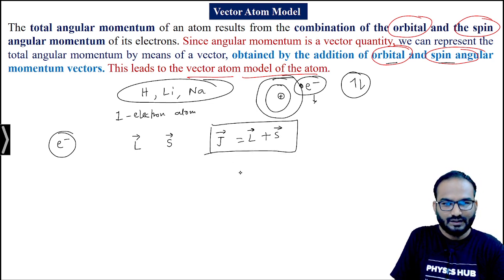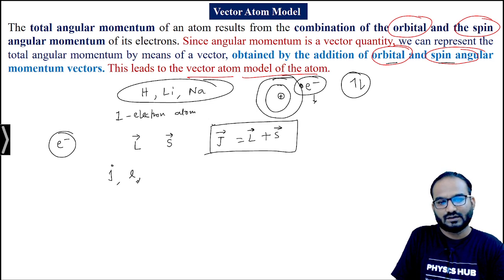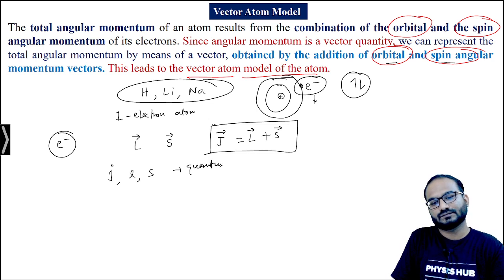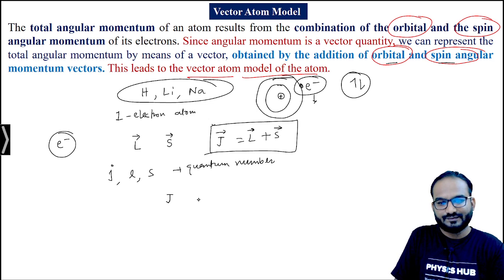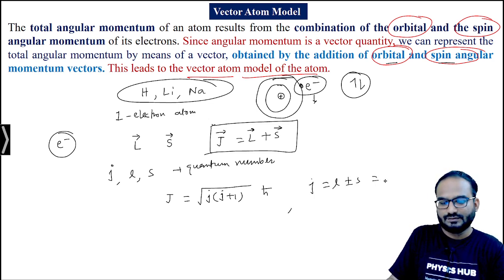Now we can also write this in terms of quantum numbers. J is the total quantum number, L is the orbital quantum number, S is the spin quantum number. J will behave the same way L and S behave, so the magnitude of J will be root over J into J plus 1, in units of h cut, and J equals L plus or minus S, that is L plus or minus half.